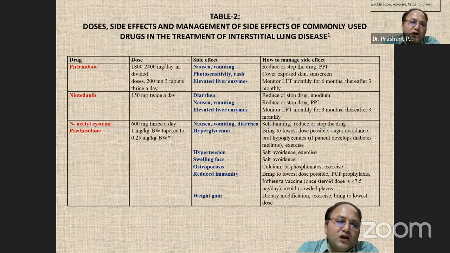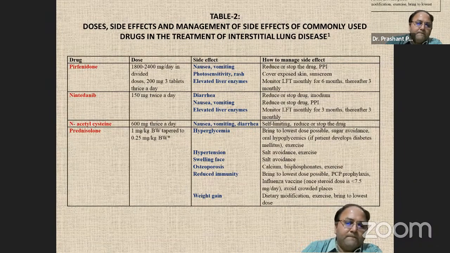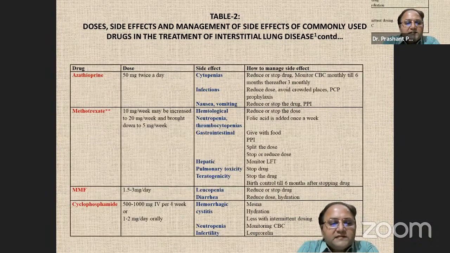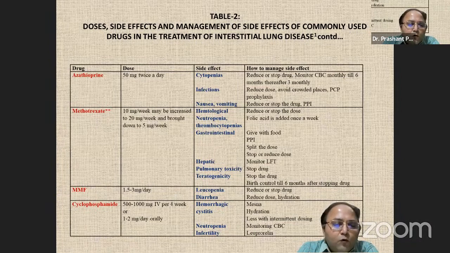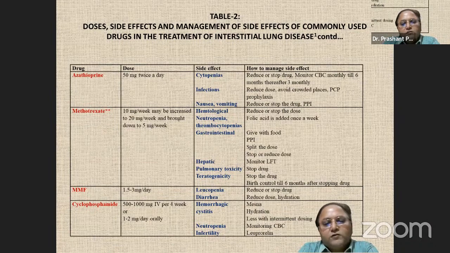So this chart depicts pirfenidone, nintedanib, N-acetylcysteine, prednisolone. Going along with this list, we then have azathioprine, methotrexate, MMF, mycophenolate mofetil, and cyclophosphamide. So the fifth, azathioprine, sixth, methotrexate, seventh, mycophenolate mofetil, then eighth, cyclophosphamide.